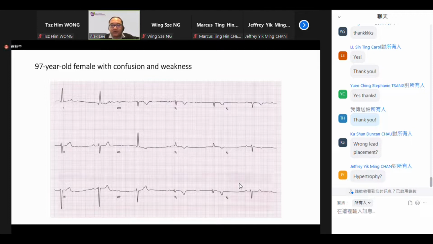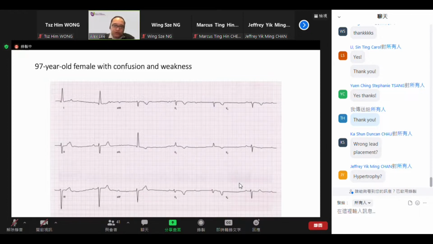That's Sokolow's criteria. There's another voltage criteria called modified Cornell's criteria. We'll look at the AVL only, because the LVH can sometimes involve different parts of the LV and give you an increase in voltage in different leads.